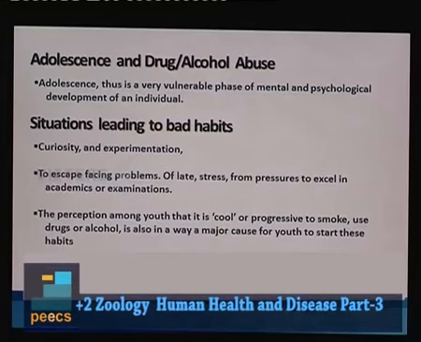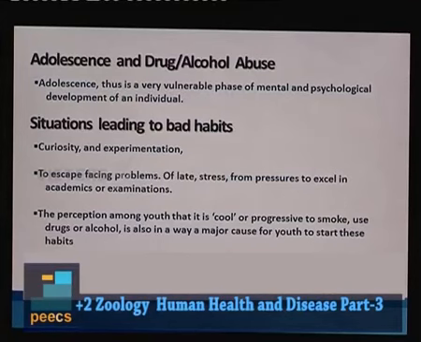So, in this vulnerable phase there is every chance of getting involved in drug abuse or alcohol abuse. So, a strong connection exists between adolescence and drug or alcohol abuse.